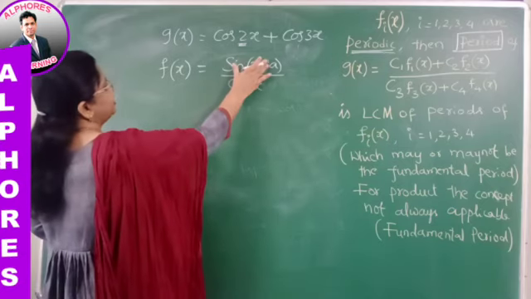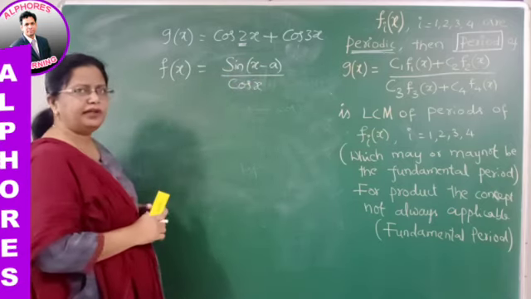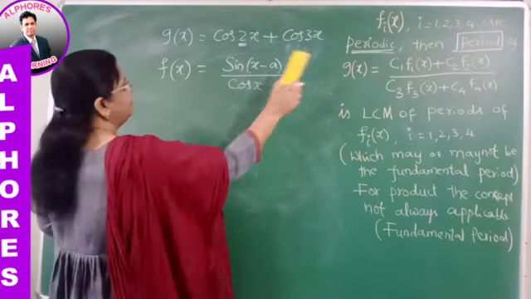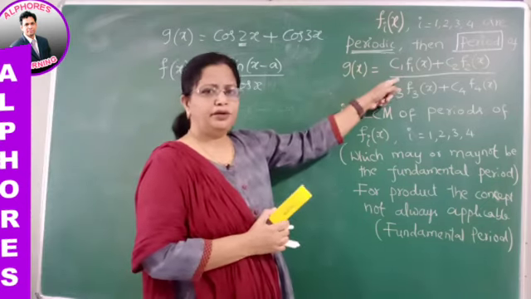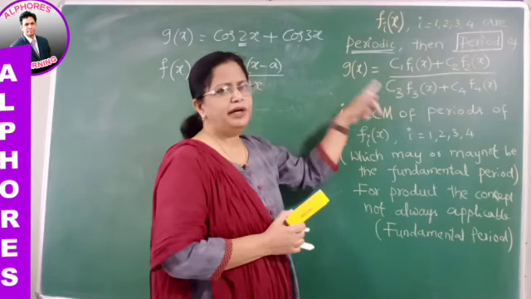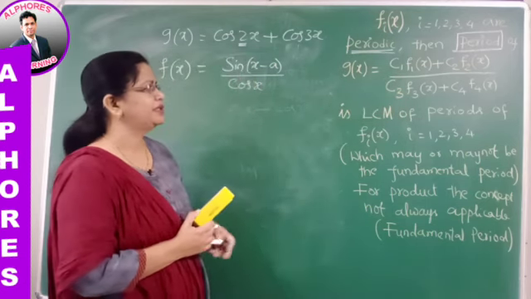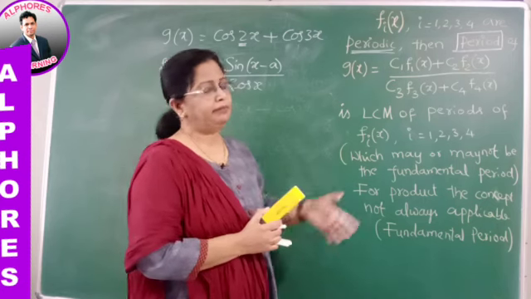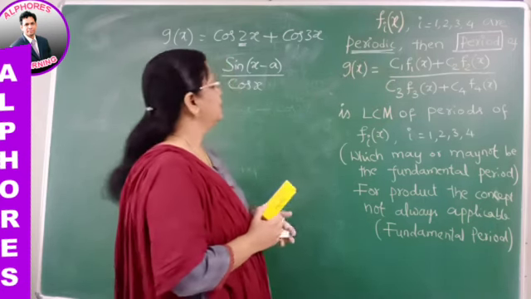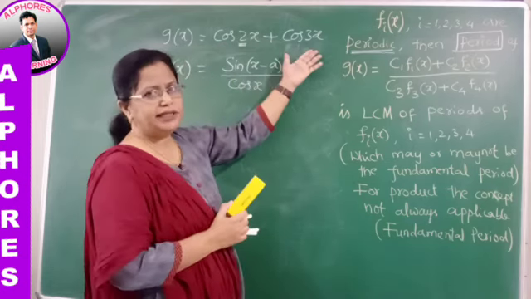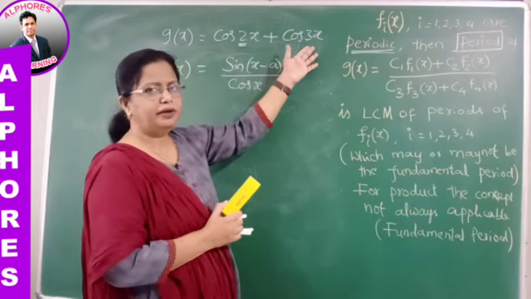This is one function in the numerator, this is another one in the denominator, which is of this form. Understand, there must always be 2 functions in the numerator and 2 functions in the denominator. There can be n number of functions in the numerator, n number of functions in the denominator, or the denominator may be missing like this, that means in the denominator you are having only one.